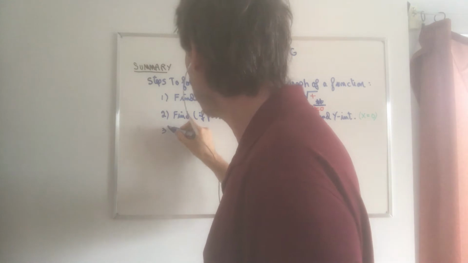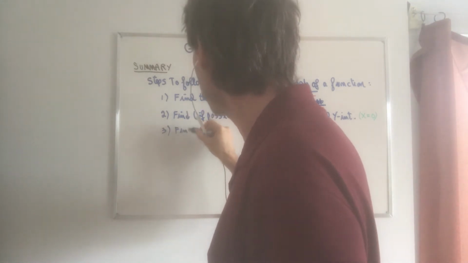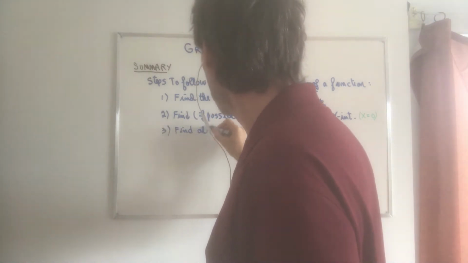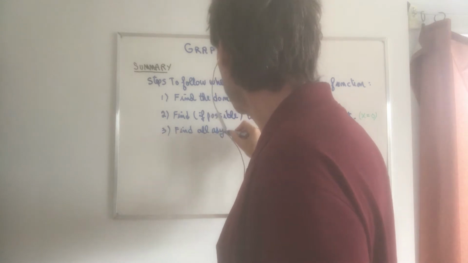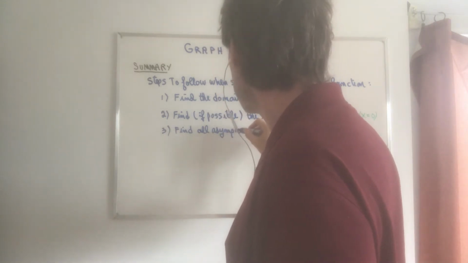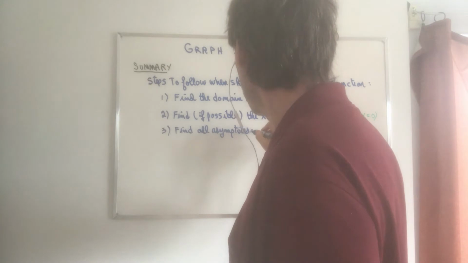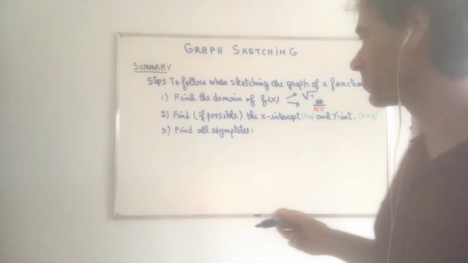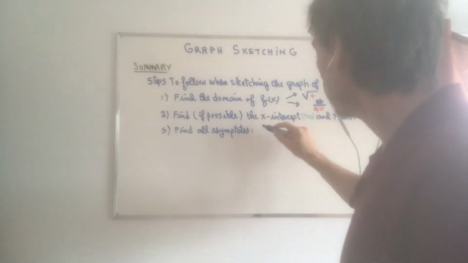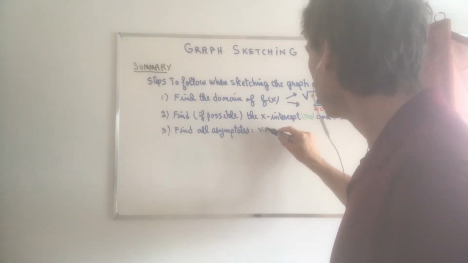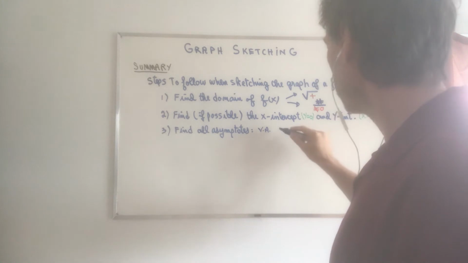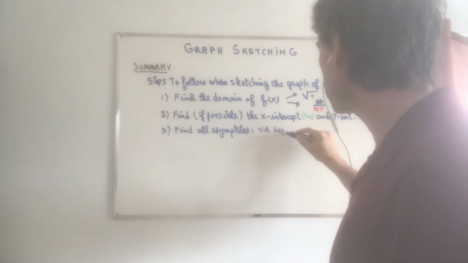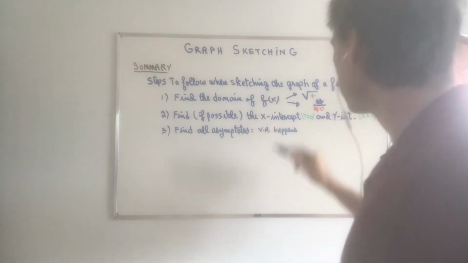Let us see if we can find all asymptotes. Now, again, little reminder, we have two types of asymptotes. Yes, we have a vertical asymptote, which happens when? Who remembers?